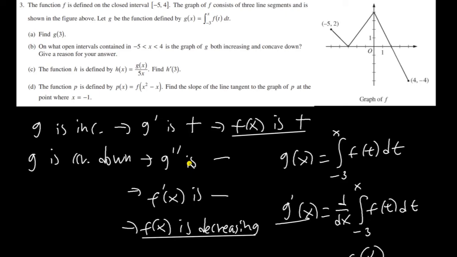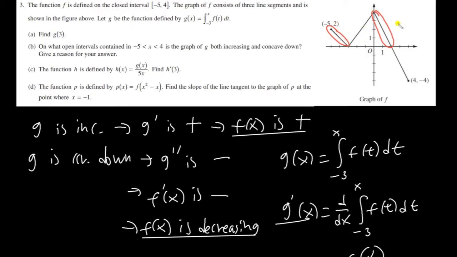So we'll go up here now and find where on this graph f is positive and decreasing. It's going down, but it's still above the x-axis. There are 2 regions where we see that happening: this region here, and this region here. Here it's negative, and here it's going up.